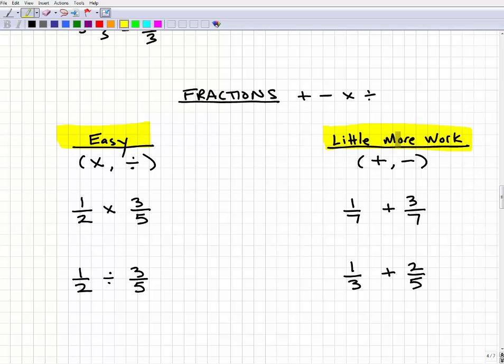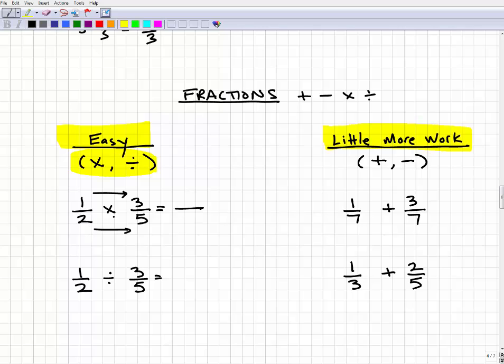Okay, what's easy in terms of fractions? Well, multiplication and division, really easy to do. I've got some example problems here, and we'll start with this first one, 1/2 times 3/5. To multiply fractions, it's super easy. All we do is multiply across: the numerators times the numerators, the denominators times the denominators. That's it.